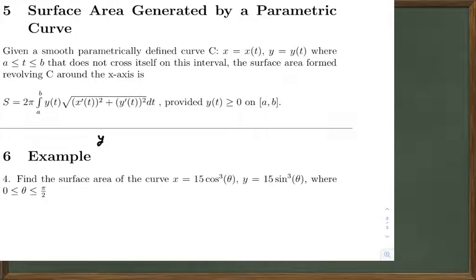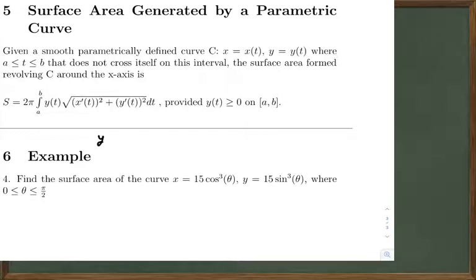So surface area generated by a parametric curve. Given a smooth parametrically defined curve C, x is equal to x of t, y is equal to y of t, where t is between a and b, that does not cross itself on this interval.